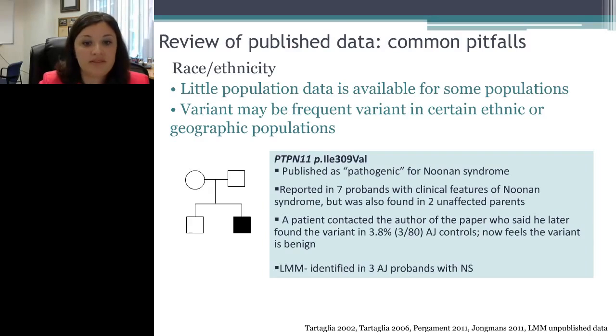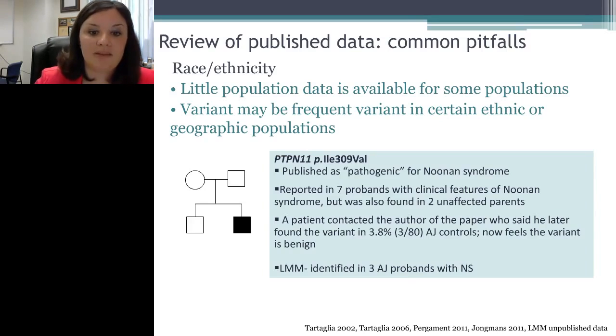The author said that he later found this variant in 3.8%, or 3 out of 80, Ashkenazi Jewish controls, and that author now feels the variant is benign. Our laboratory has identified this variant in 3 Ashkenazi Jewish probands with Noonan syndrome, and now we think this variant is likely benign based on the high frequency in the Ashkenazi Jewish population.